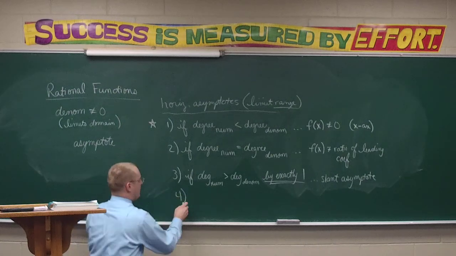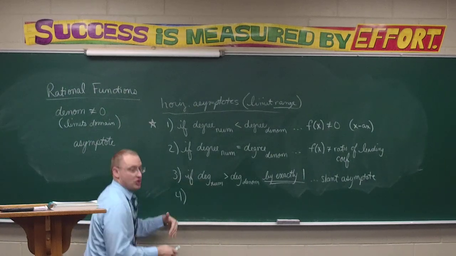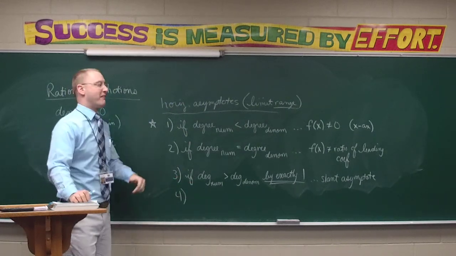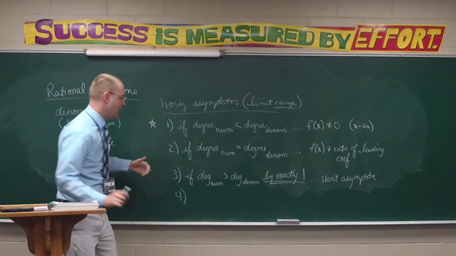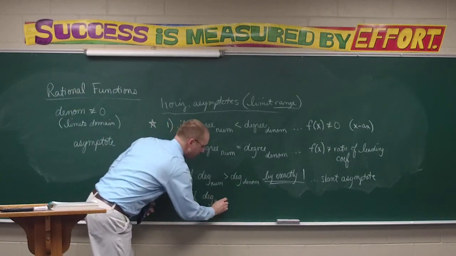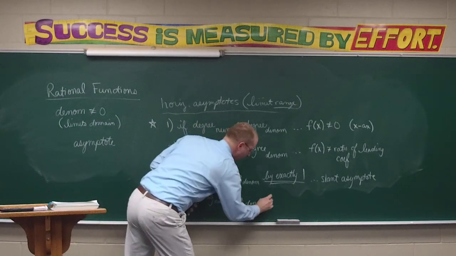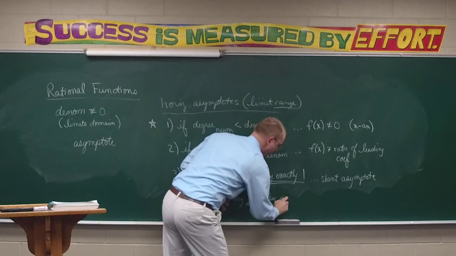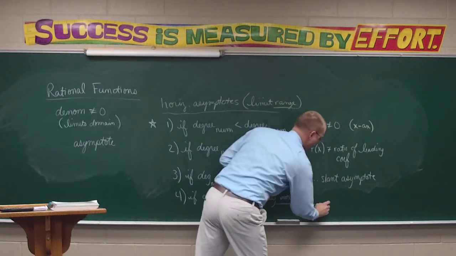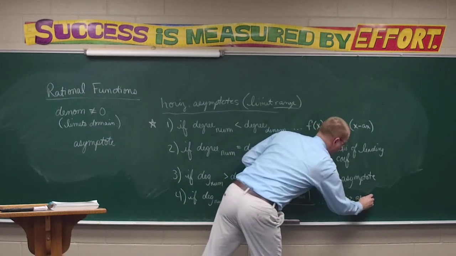And then finally, it's also possible the numerator could be more than just 1 degree bigger. You could have, for instance, cube in the top, first power in the bottom. You could have 5th power in the top, squared in the bottom, okay? If the degree of the numerator is greater than the degree of the denominator by more than 1, you have no horizontal asymptotes.